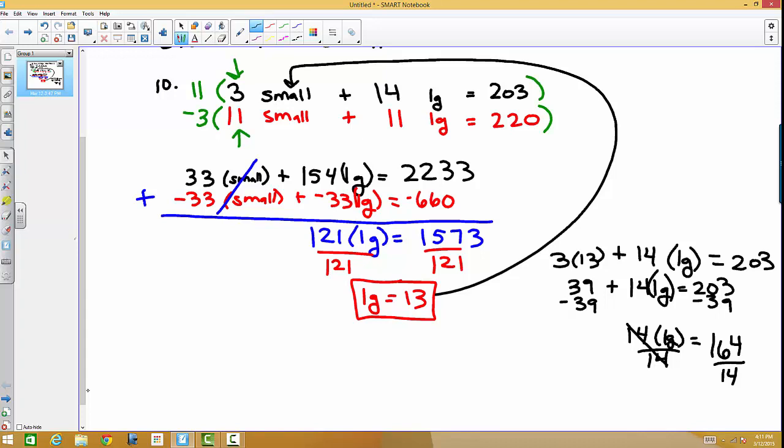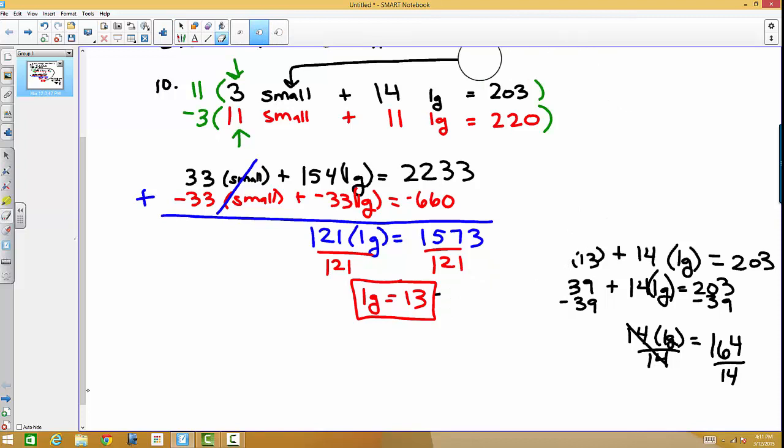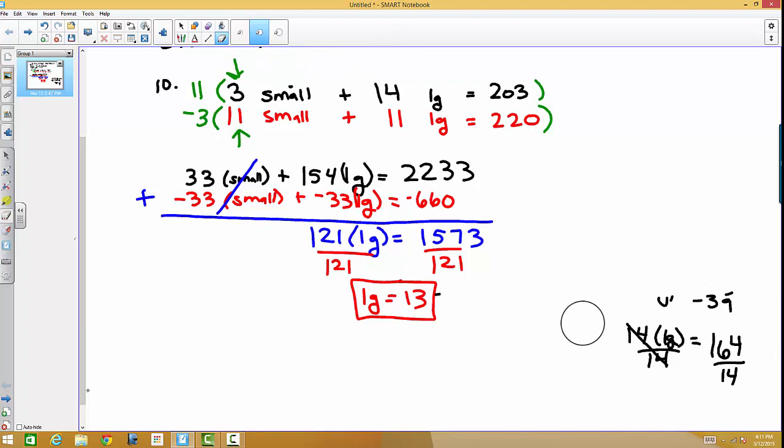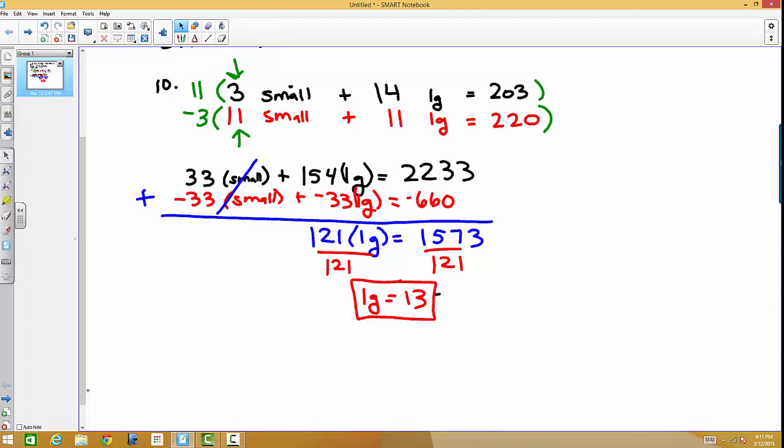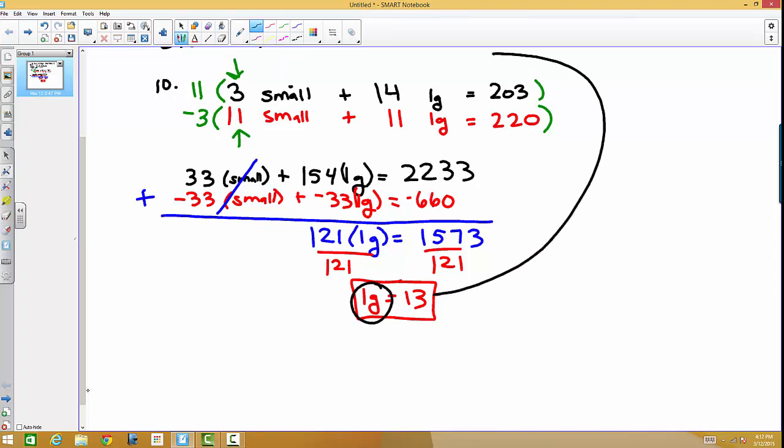Okay, let's hold this whole thought here. You just solved for the large. You're going to substitute 13 into the word large into either equation. I think the first one's a little bit easier. So 3 times small plus 14 times 13 equals 203.